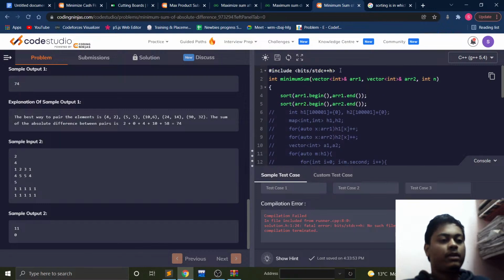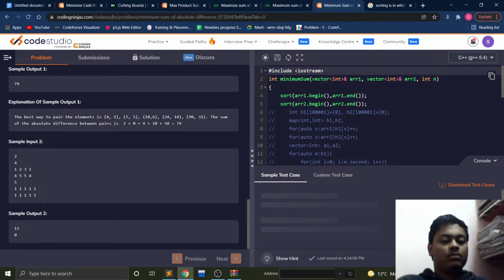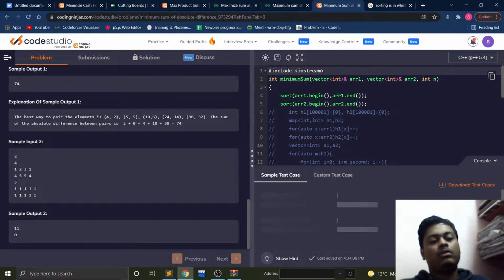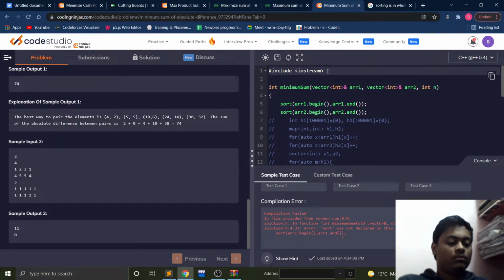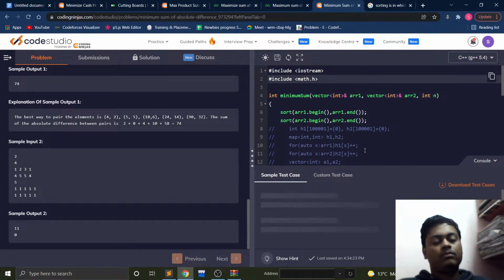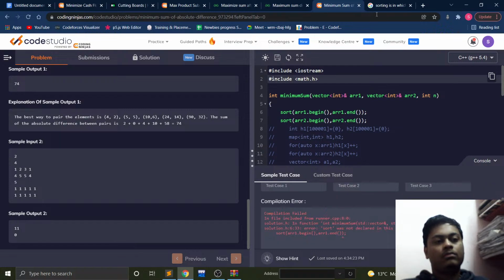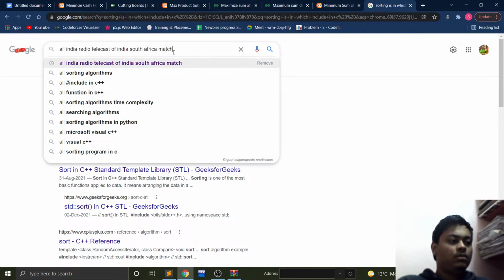Should I include IOStream? Math.h. All as include in C++.